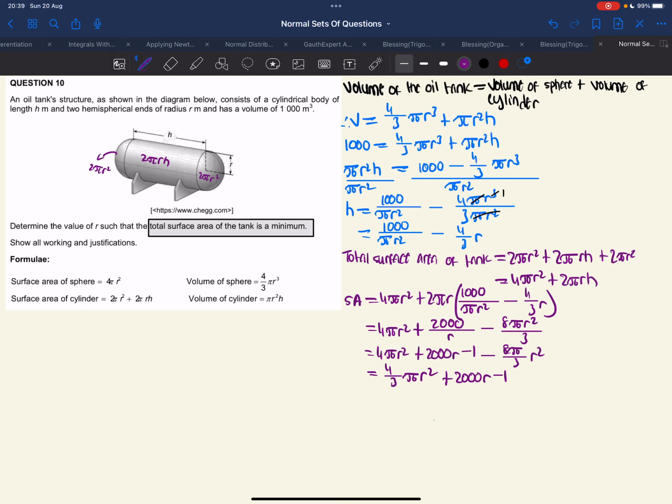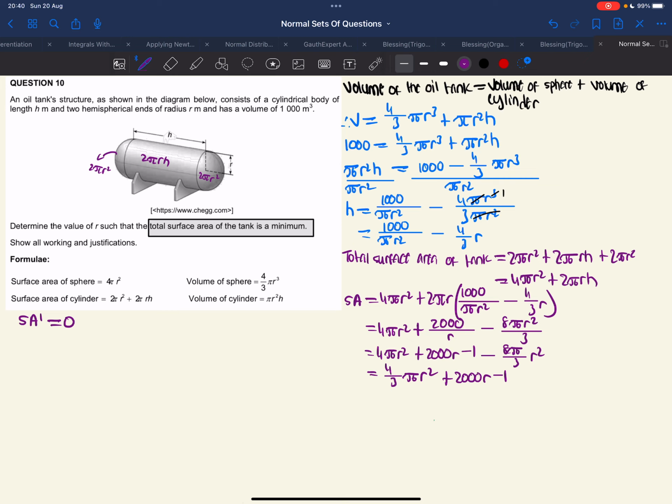All right, now the second step is for us to do the derivative of that and then equate it to nil to solve for r. So we're going to say SA equals 0. If we do that, we're going to do the derivative of that surface area.